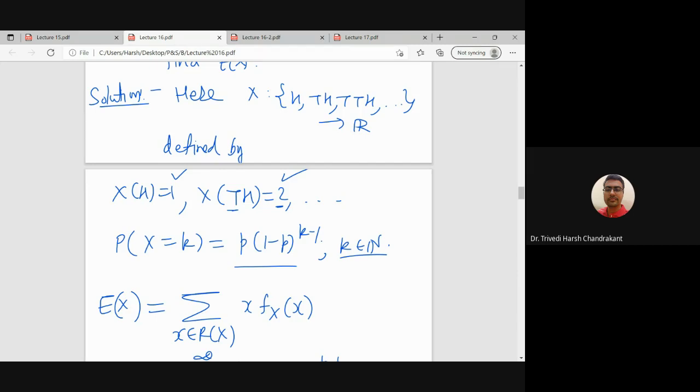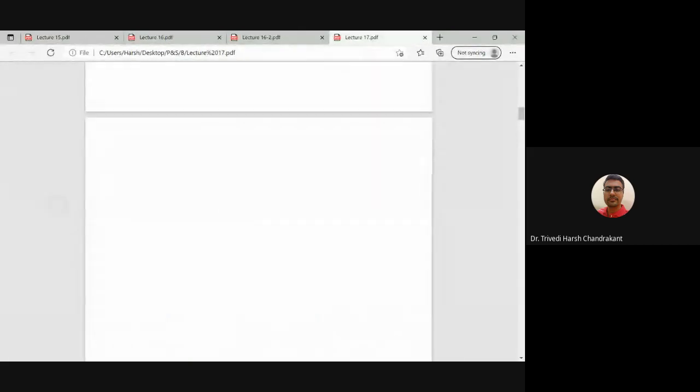In the last class we discussed the expectation of the random variable capital X. Today we start with the definition of the expectation of the random variable g of X, and then we'll move to the definition of variance. So let us start with the first result. We start with the discrete random variable.